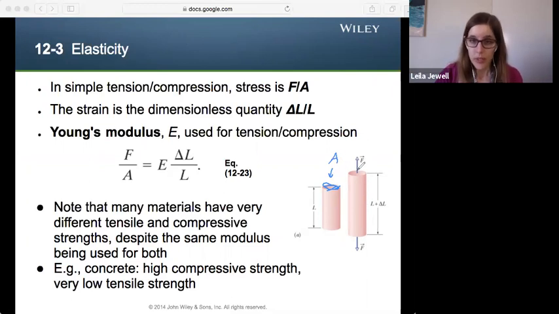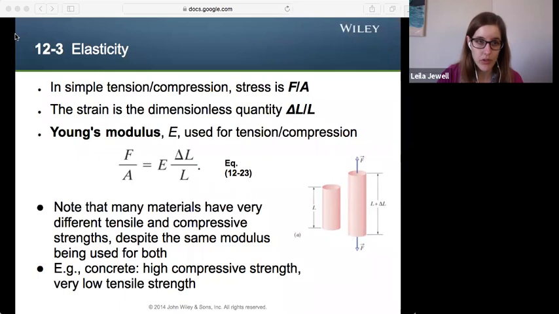And then the force being applied to said area. The strain is that dimensionless quantity of delta L all over the original length, so how much longer it is divided by how much it started at.